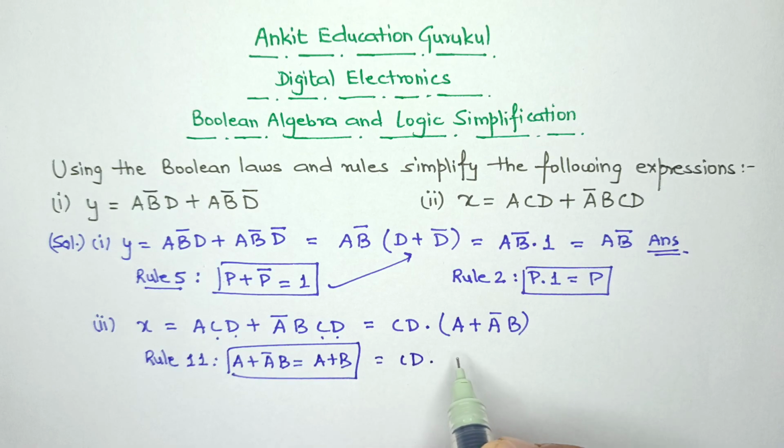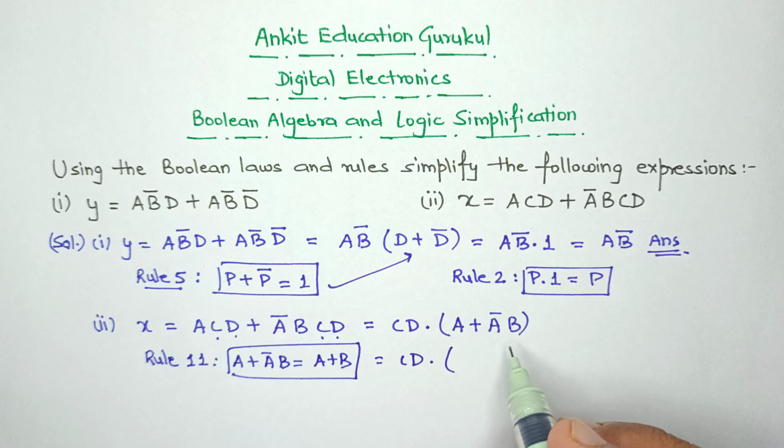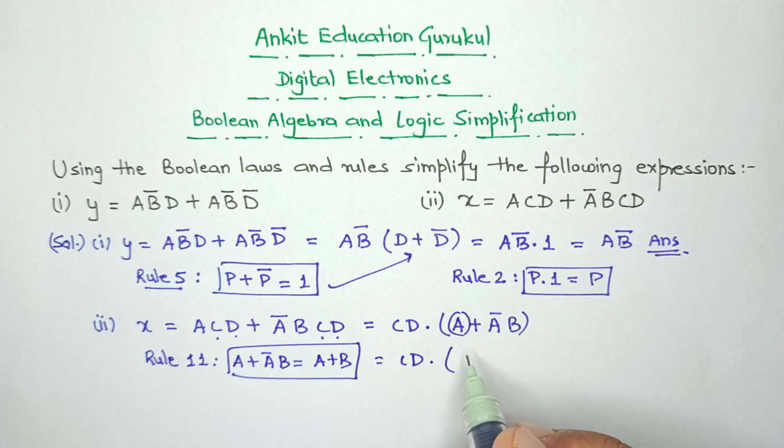I'll write this as CD multiplied by (A + A'B). One of the rules says that the value of A can be written as A + AB.